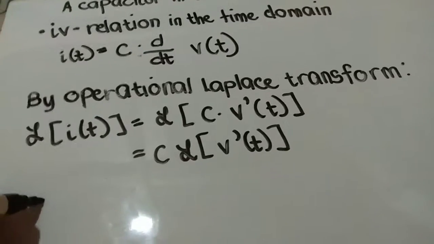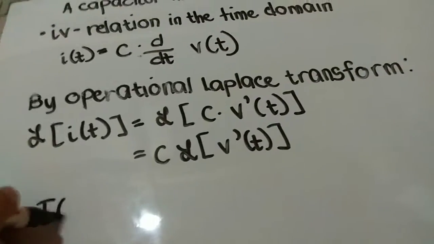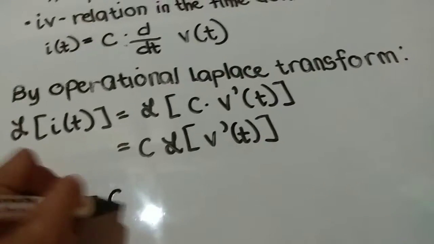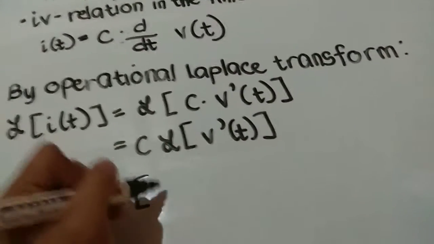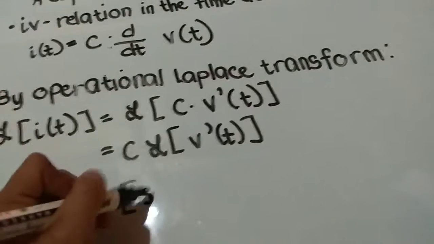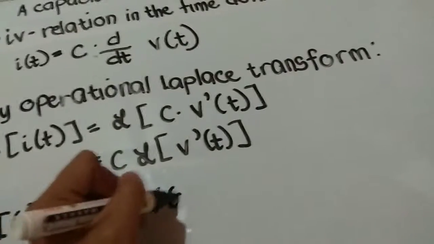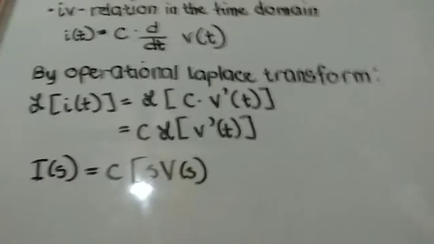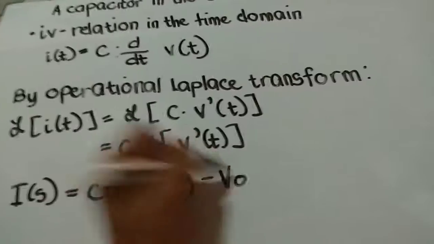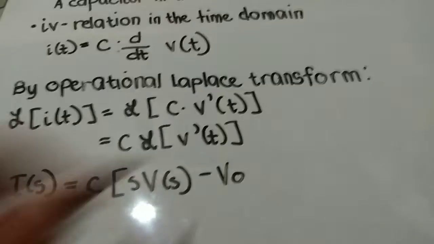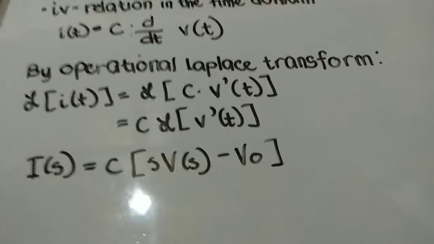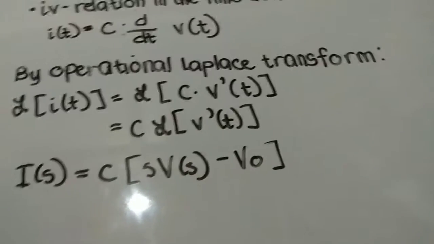So I(s) is equal to C times the quantity s V(s) minus v0, which is the symbol of the initial voltage.